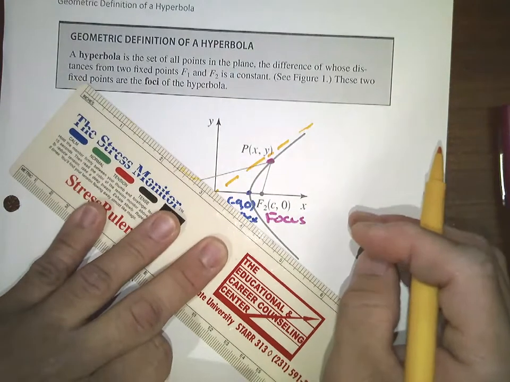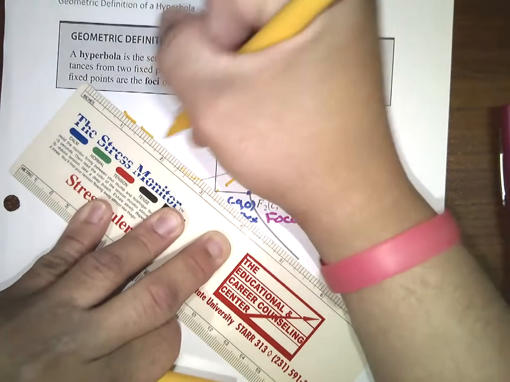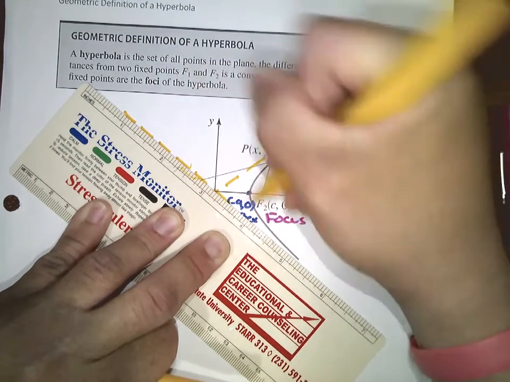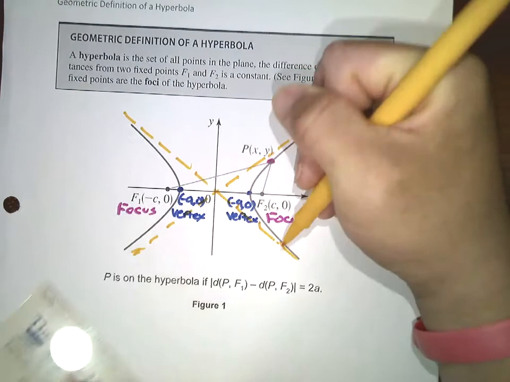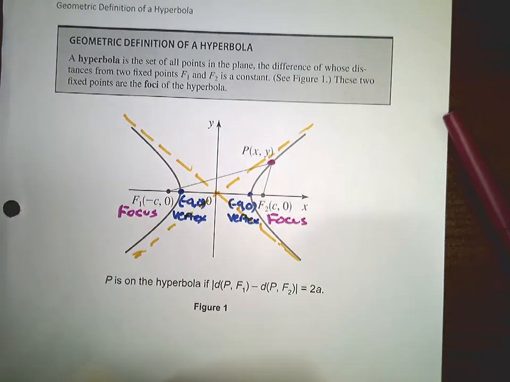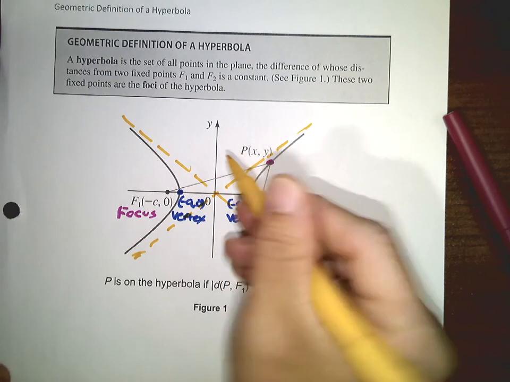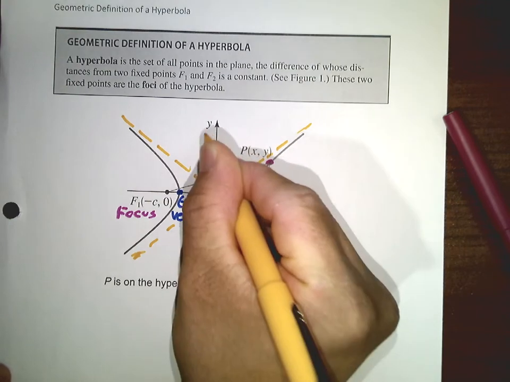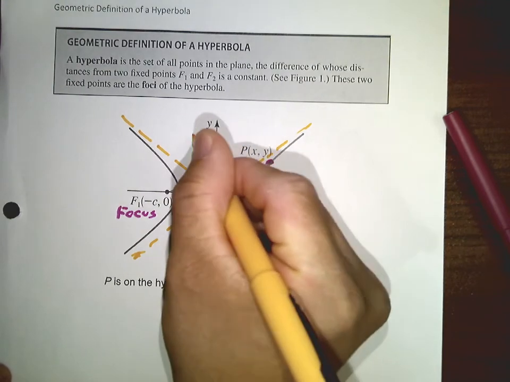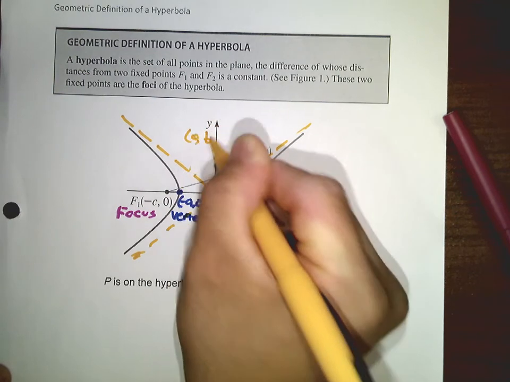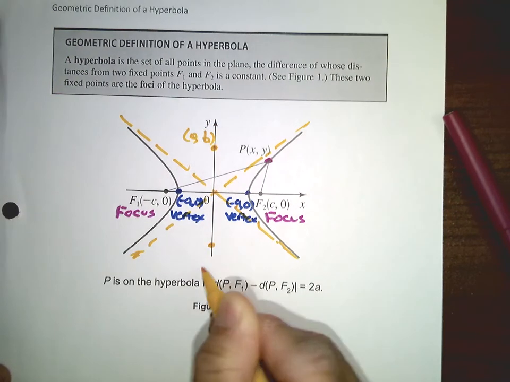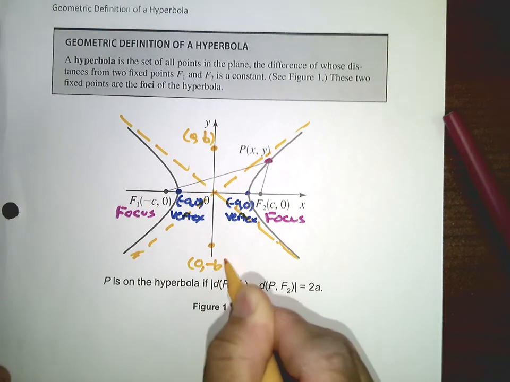And then you can see that they are telling you that there's a point, say B over here, so this will be 0, b, and this will be 0, negative b.